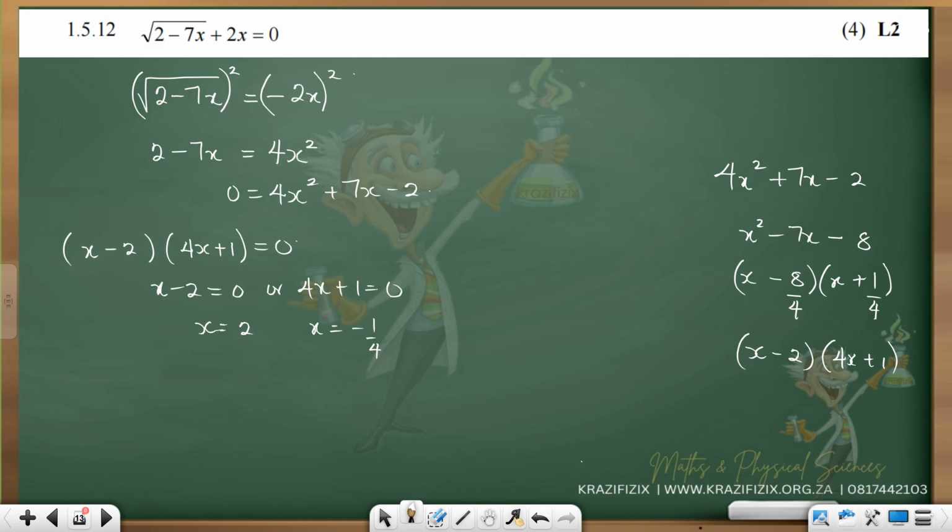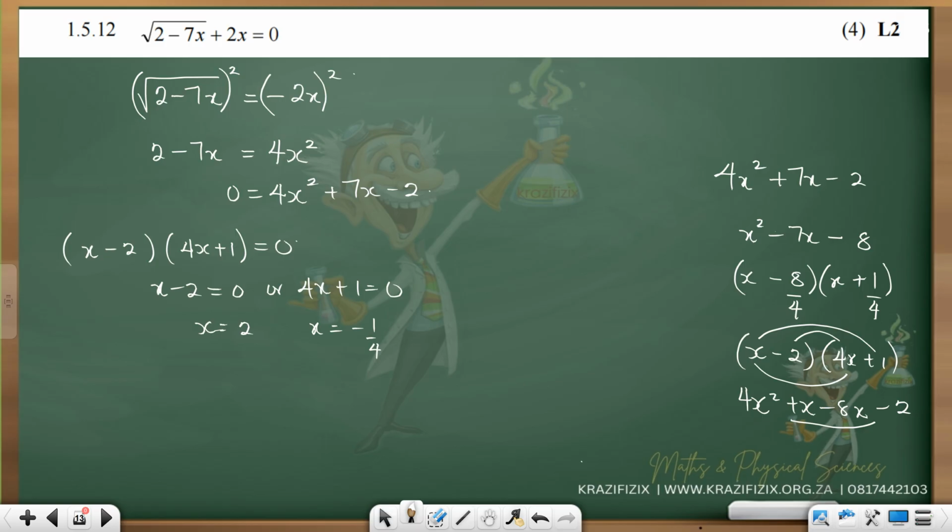Check your signs. Because this is 4x squared plus x minus 8x minus 2. And this is minus 7.